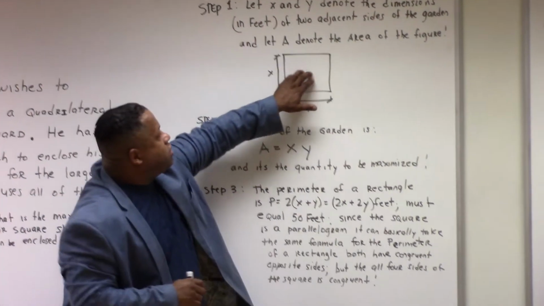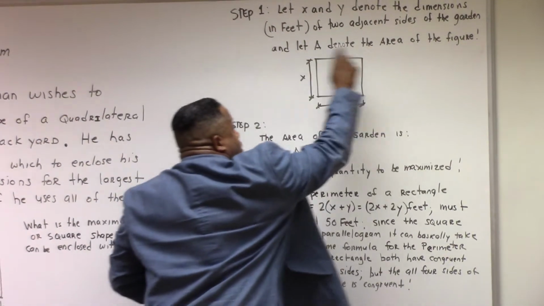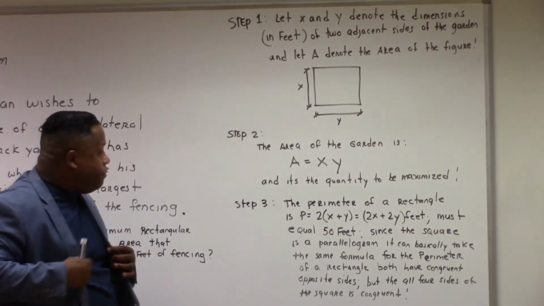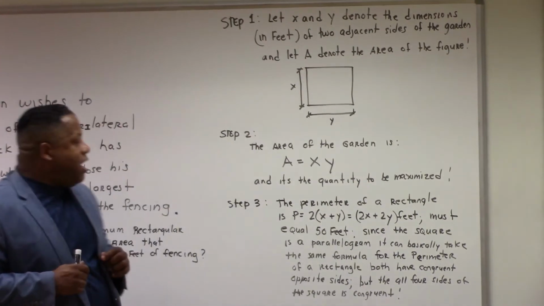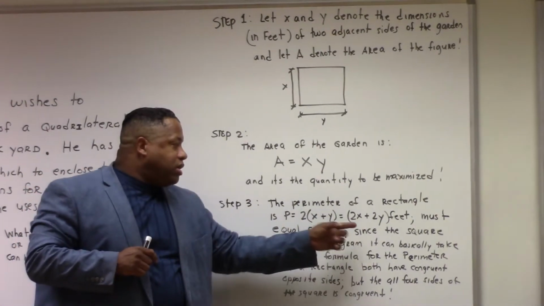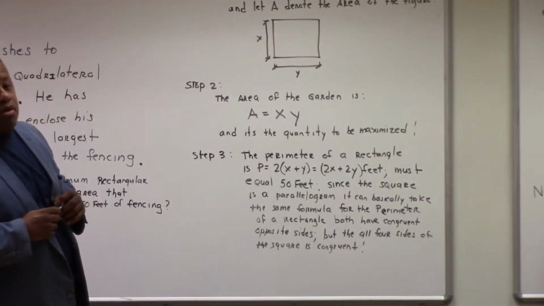Area deals with the inside, but for now we're just dealing with the outside. So P is equal to 2 times (X plus Y), which is 2X plus 2Y feet.